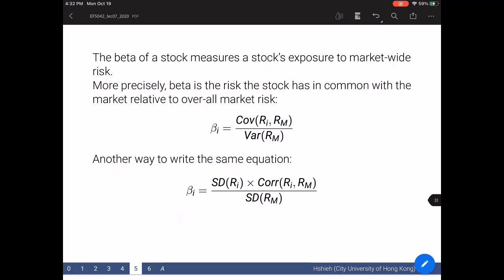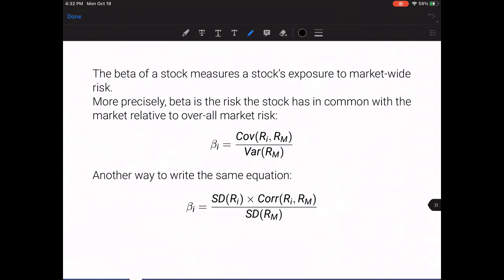For those of you who are curious how to estimate this using your statistical package or in Excel, you can run a regression in Excel. Let me write what it looks like. Let me just use regression variables here, so maybe that's clear.